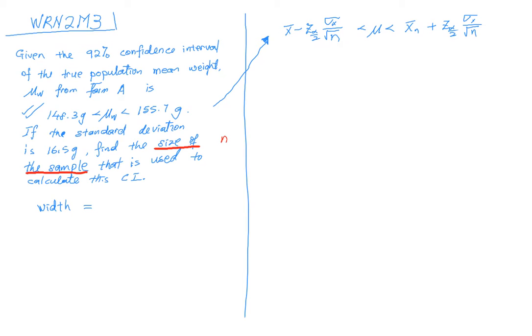Okay, if I illustrate this confidence interval as a number line, this is called the width. So for this confidence interval, the lowest is 148.3. The highest is 155.7. So what is the width?